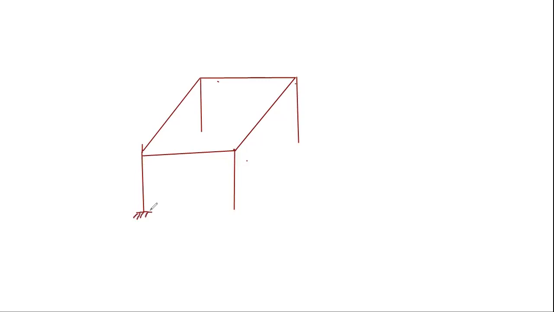It is a three-dimensional structure, a space structure, because it has x-axis, y-axis, and z-axis. And a hinge is provided here. So what is the formula to find out the static indeterminacy of a three-dimensional structure?